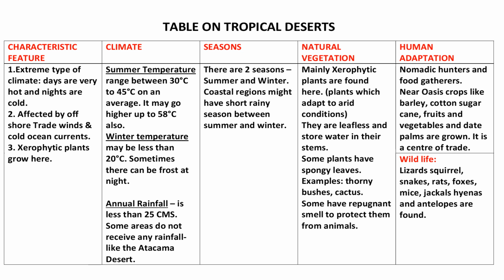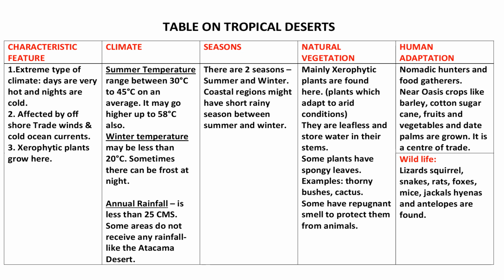Some crops are also grown here near the oasis, or where the water table is close to the surface of the earth. The water is extracted from there, and crops like barley, cotton, sugarcane, fruits and vegetables, and date palms are grown here. An oasis is an area with water, a lake in the desert. It is a center of trade also, because people assemble here to exchange goods.